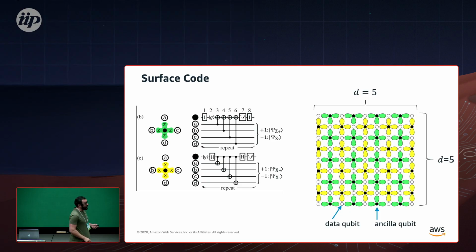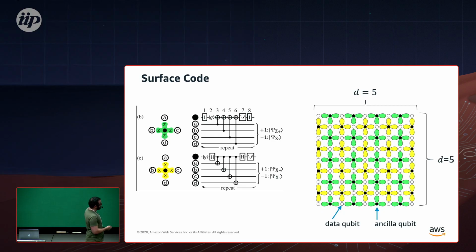The idea is to try to do something similar to what we did for the repetition code, but now for correcting both bit flip and phase flip errors. And because there are two types of errors, just a line is not enough, we have to go to a square, where you can think of one dimension correcting bit flip errors and the other one correcting phase flip errors.